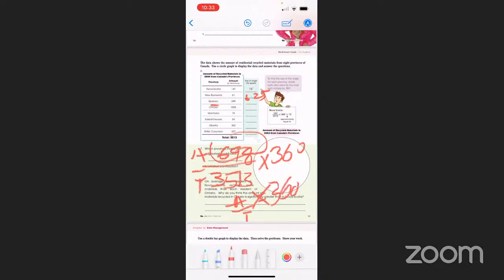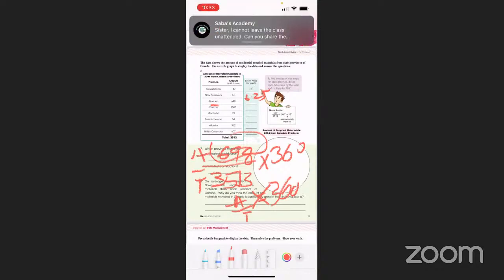So amount over the total, which is given to you, and then times it by 360. So we're going to first divide 698 with the 3513. Yes, correct. And then after, we times it with 360.